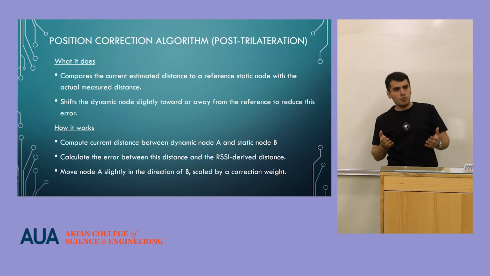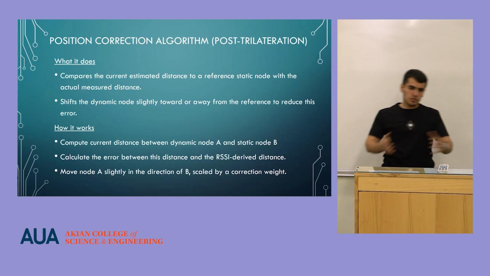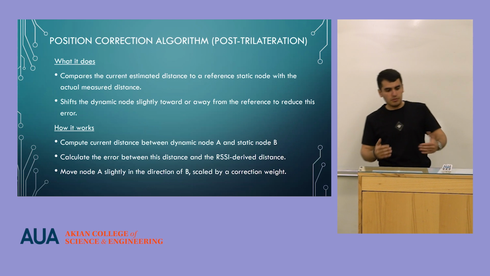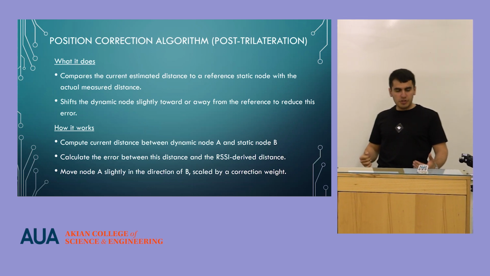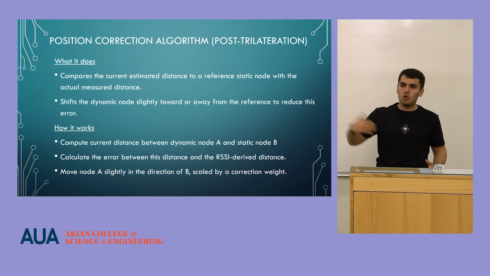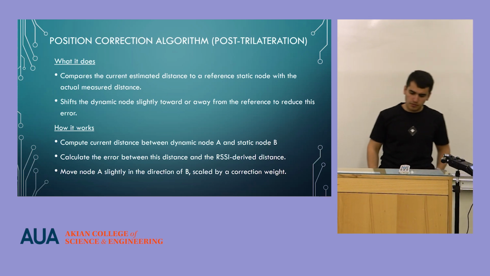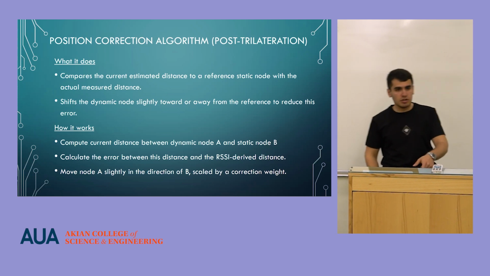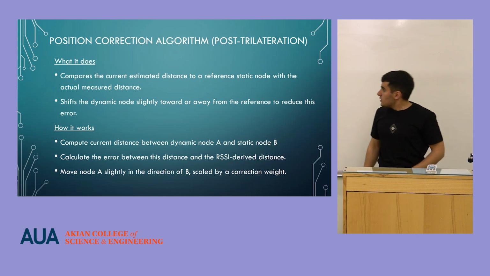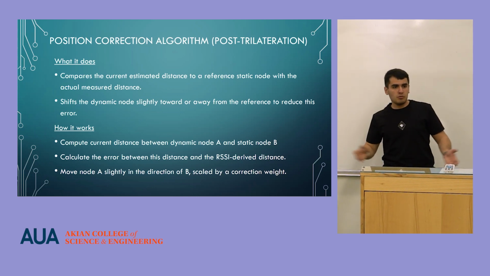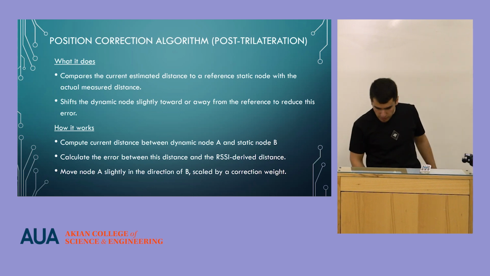We can measure the error by subtracting one from the other, and apply that to see whether we have to push towards or go away from the static node. Again, we are changing only the dynamic node. If there are cases with two dynamic nodes, we can split the movement between the two nodes. So I think that would be perfect.